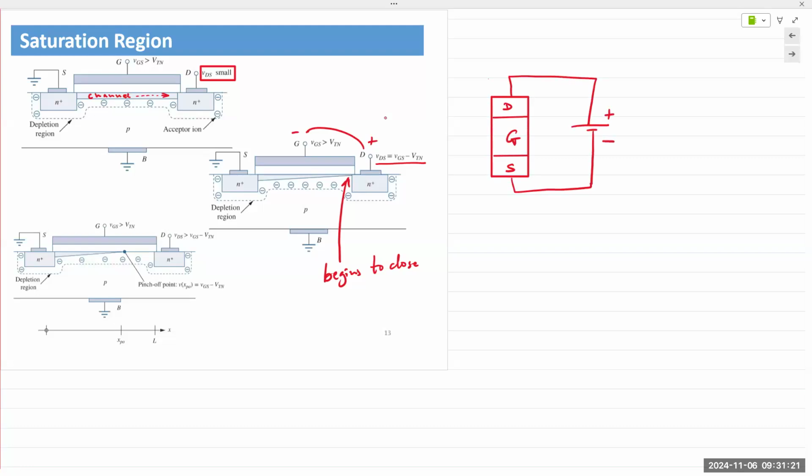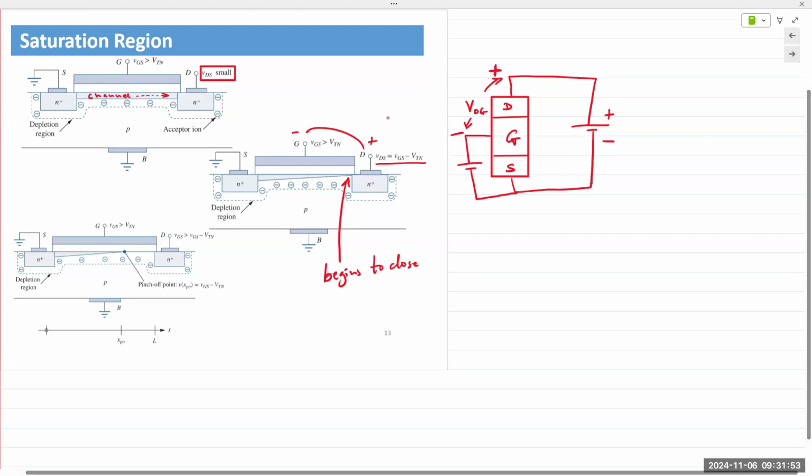You have voltage between the drain and the source, and you have a voltage between the gate and the source. This creates a voltage VDG between the drain and the gate. And so with increasing drain-source voltage VDS, this causes the channel to close off.